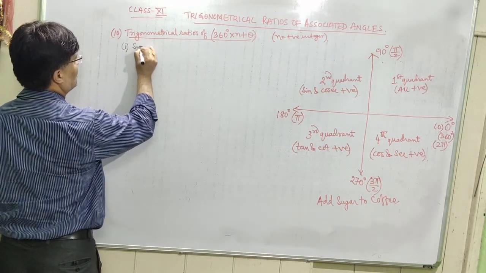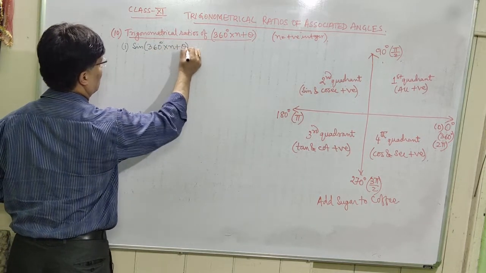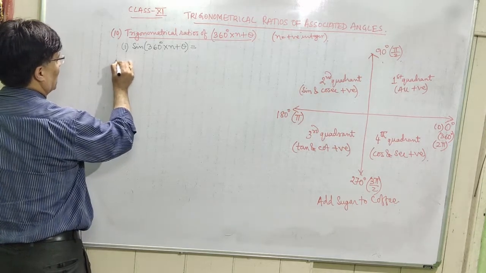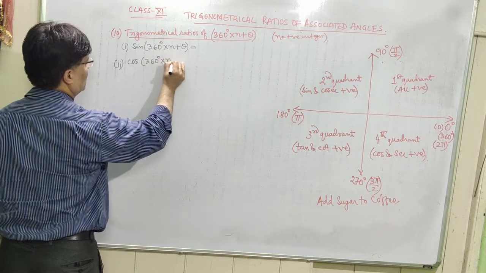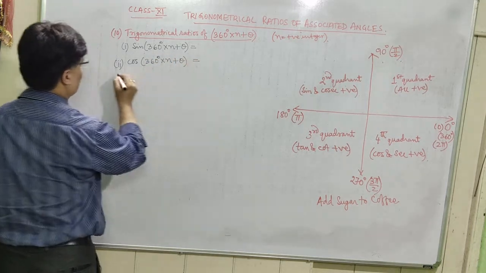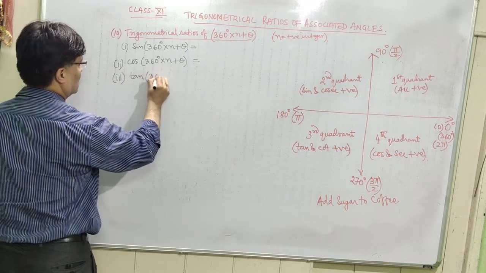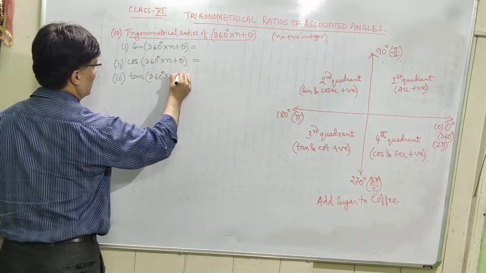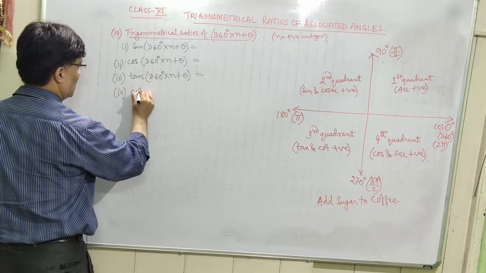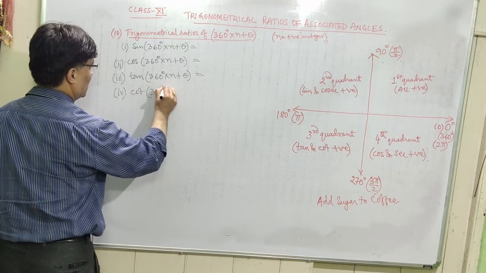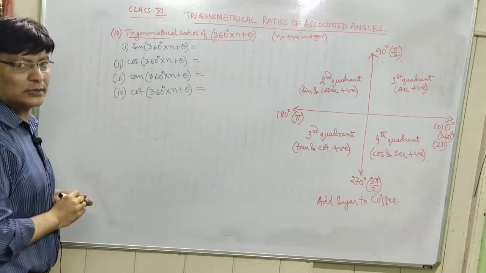Number 1, sine 360 degree into n plus theta is equal to; number 2, cos 360 degree into n plus theta; number 3, tan 360 degree into n plus theta; number 4, cot 360 into n plus theta. Is that clear?